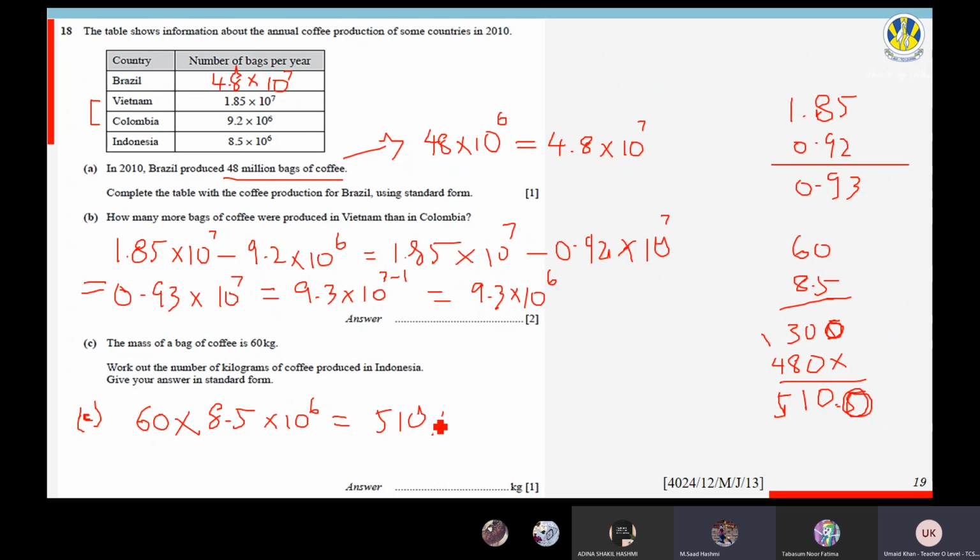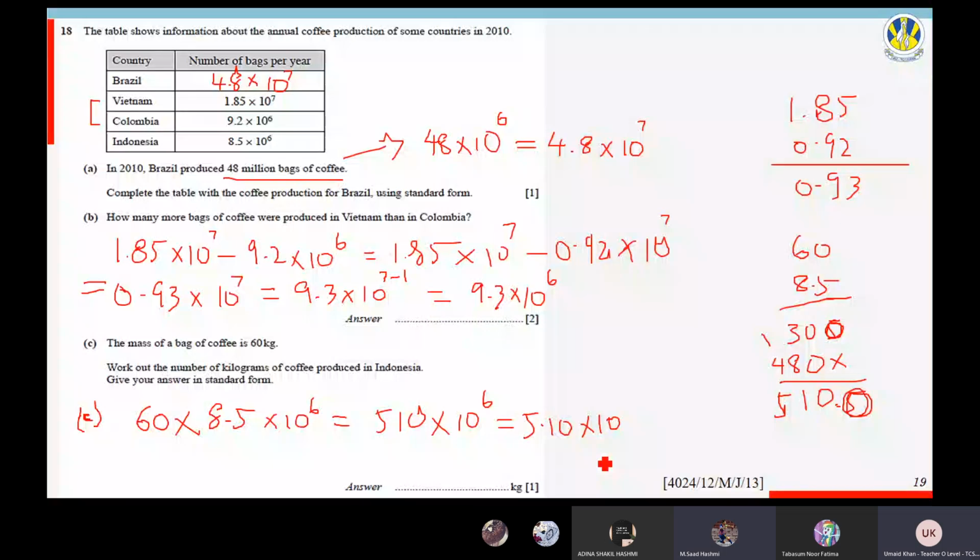So it will be 510 into 10 raised to the power 6. Now convert into standard form. 5.10 into 10 raised to the power positive or negative? Will the power of 10 be increased or decreased? Increased, sir. You are moving the decimal to the left.